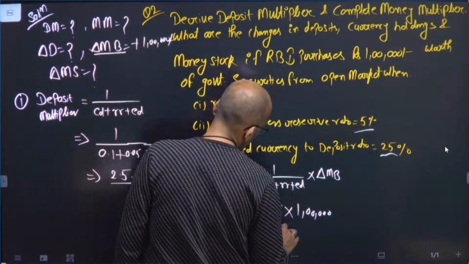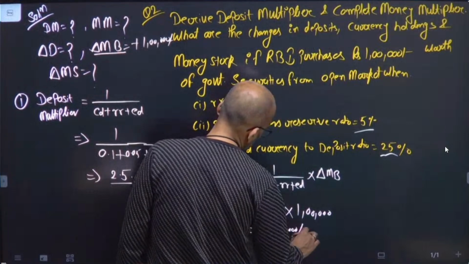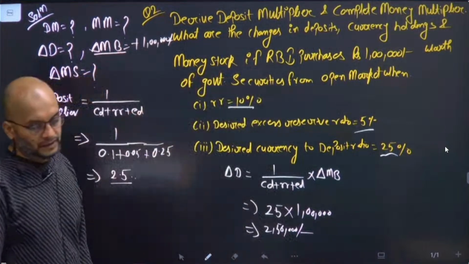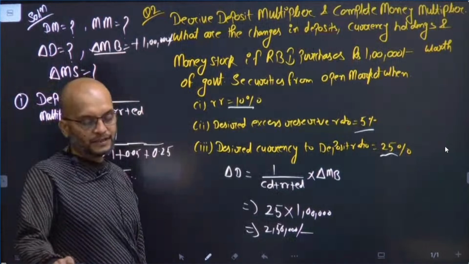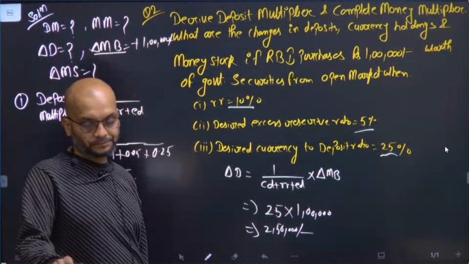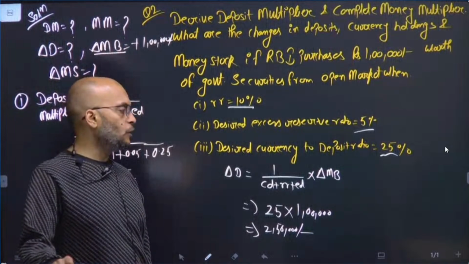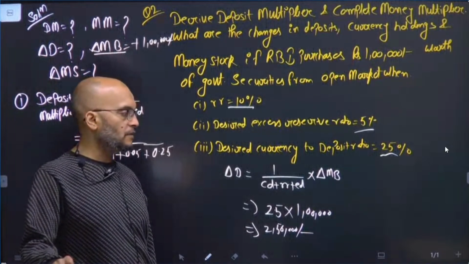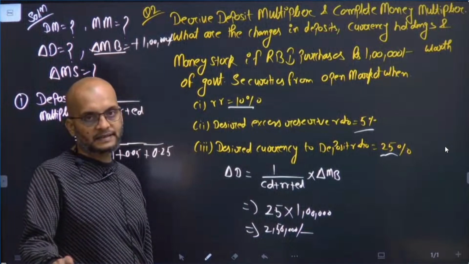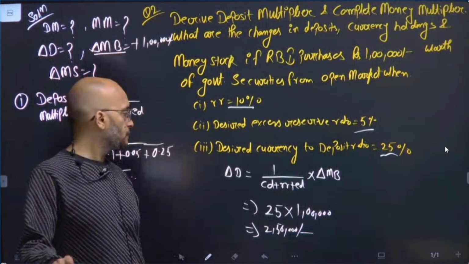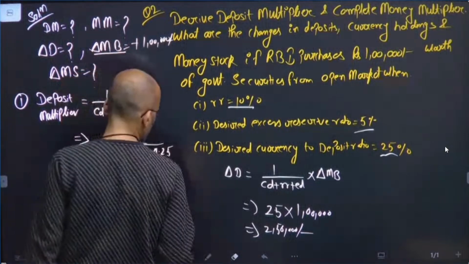So 2,50,000 is the change in deposit. Fine. Now they are saying currency holding, that means delta C, then they want us to find out delta C. Noted? Okay, I am erasing this.